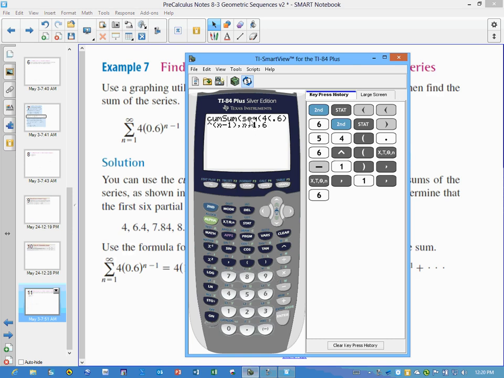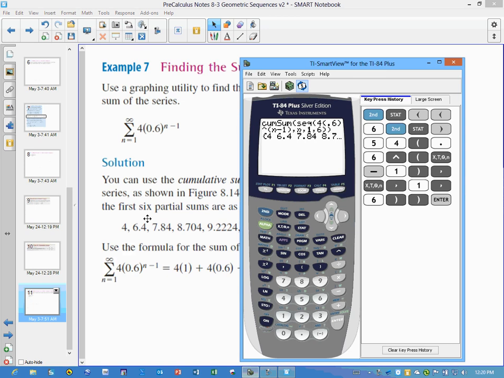In other words, this is the sequence of this general term as n goes from 1 to 6. So I close the parenthesis for the sequence, close the parenthesis for the cumulative sum, and when I hit enter, I should get those numbers.